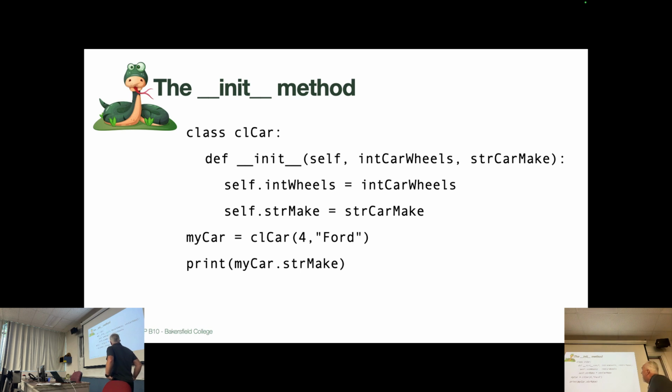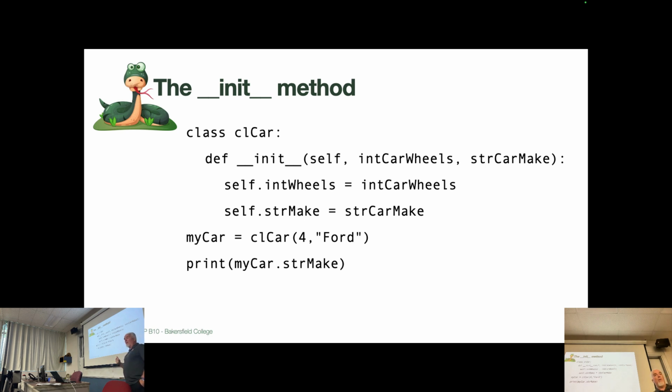And what you can see here is that inside that special method, I'm looking for two parameters in addition to self. I'm looking for int car wheels and str car make. So I want to give it a string that has the make of the car, and I want to give it the number of wheels.